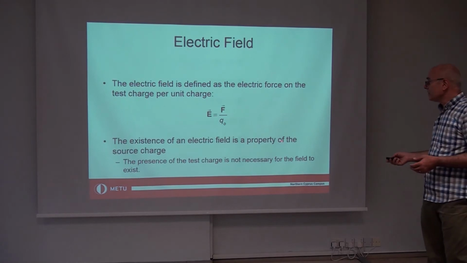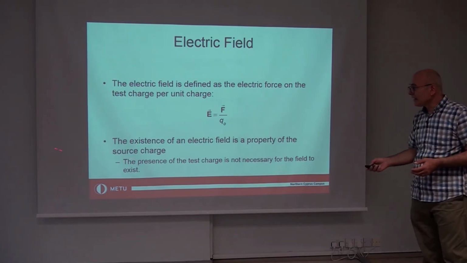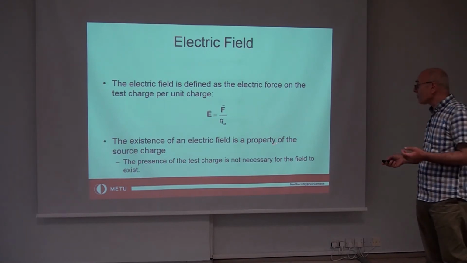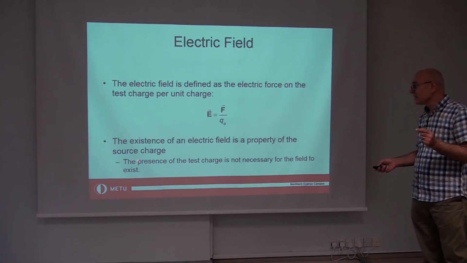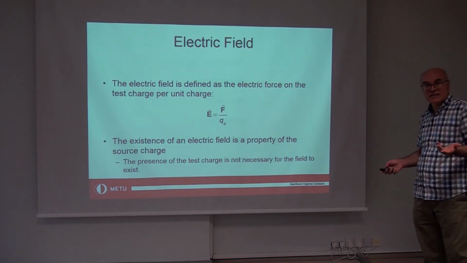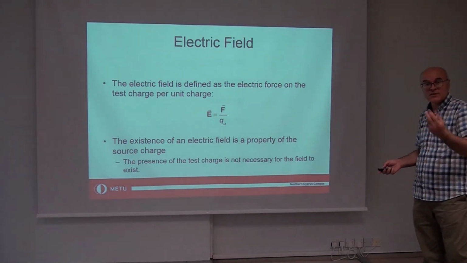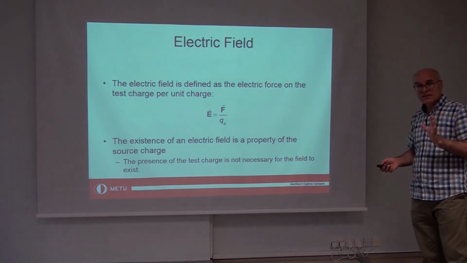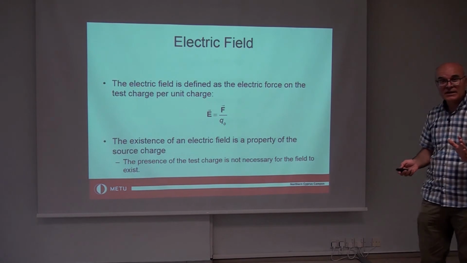This is again an emphasis: the existence of an electric field in space is a property of the source charge. The presence of the test charge is not necessary for the field to exist. The test charge is just a tool to test that electric field. So this is the definition of the electric field.